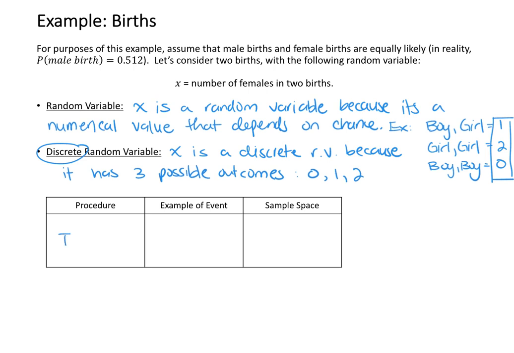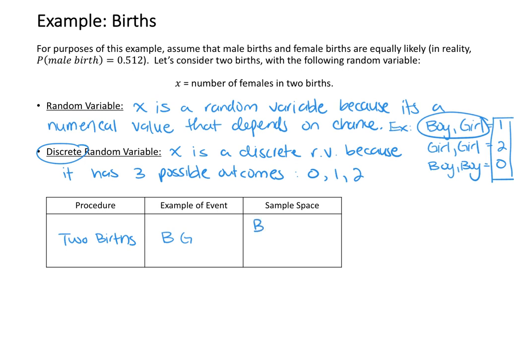So the procedure is we're looking at two births, and an example of an event would be something like what I have up here, a boy and then a girl. So I'll write it as B and G. And so now I want you to think about all the possible outcomes you can get in two births. So we're going to write down all the possible outcomes. That gives us our sample space.